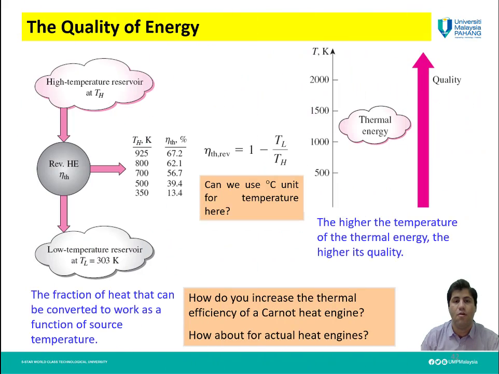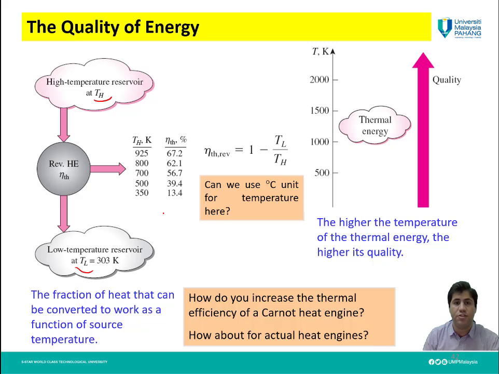As I told you, we can increase the efficiency of Carnot cycle or any other actual type of heat engine by increasing the temperature of the high temperature reservoir or reducing the temperature of the low temperature reservoir.